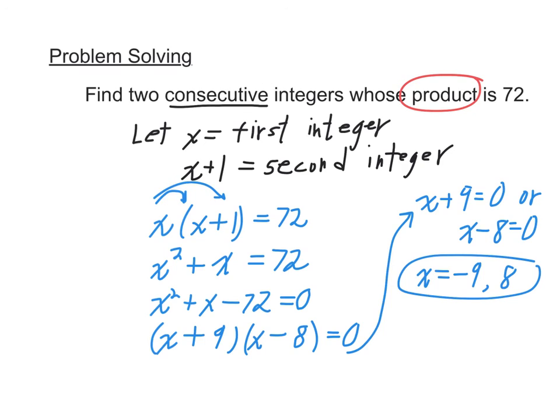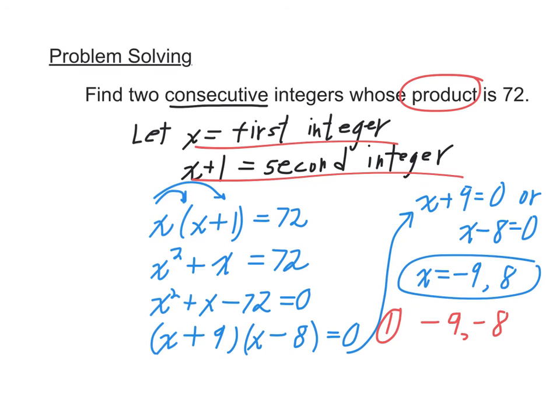Now because it's a word problem, we can't just stop there. We actually have to find what it's looking for. It wanted two consecutive integers. So I'm going to go ahead and use my equations that I had here. If negative 9 is the first integer, the next consecutive, we just add 1 to it. There's one possibility, negative 9 and negative 8.